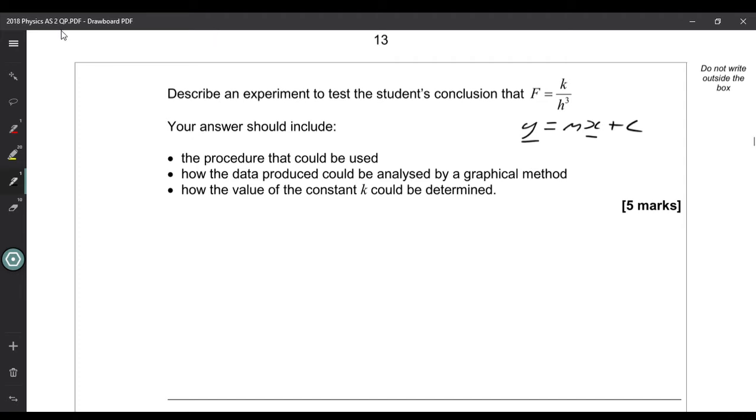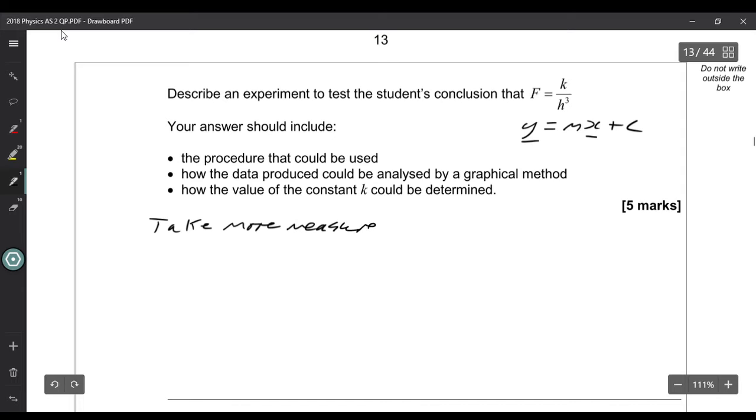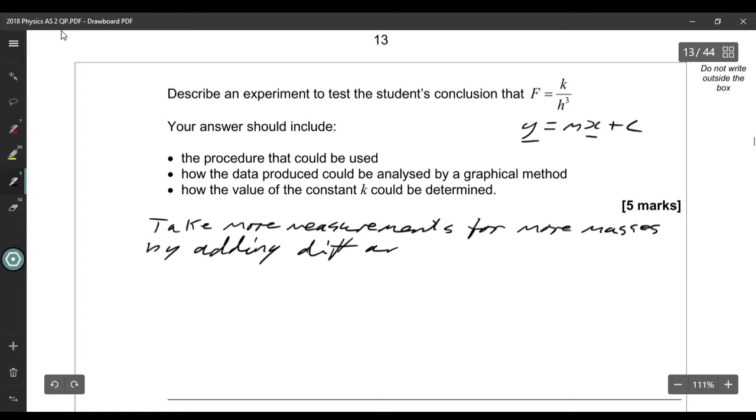So we can say we can take more measurements for more masses by adding different amounts of clay.